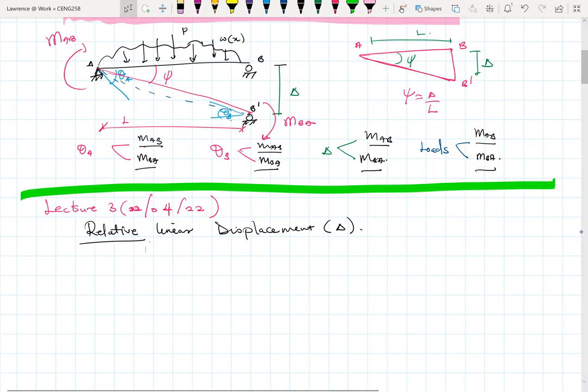So I'd explained earlier that if you have, let's say, the system, okay, typically the supports A and B do not displace because the support holds the structure in place.